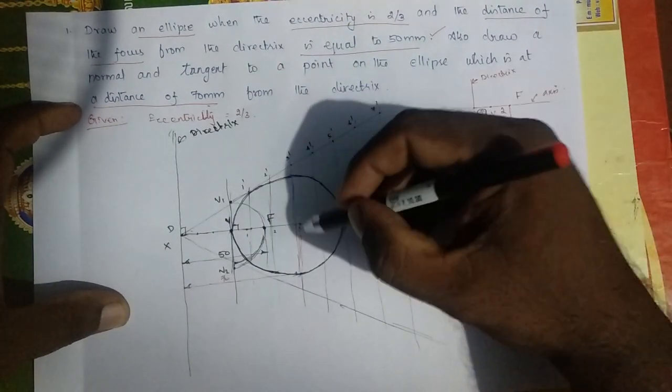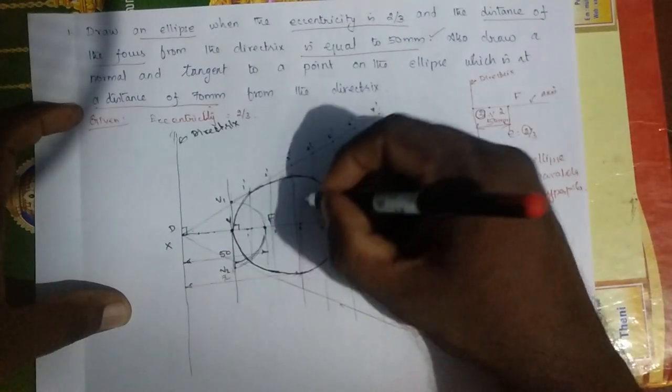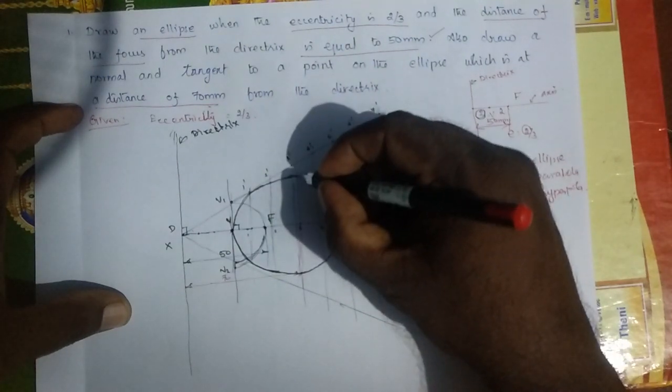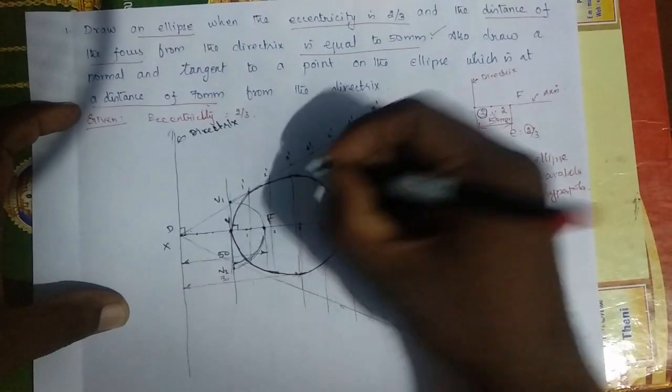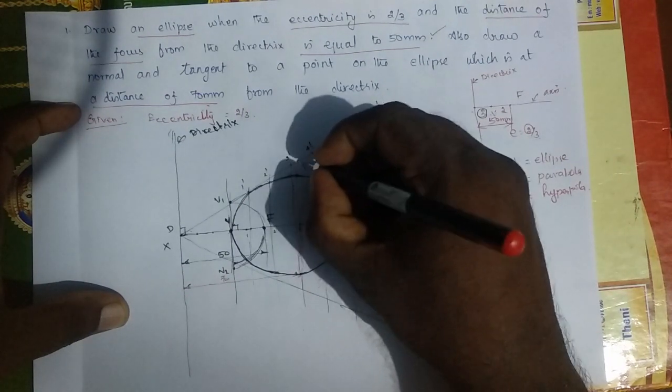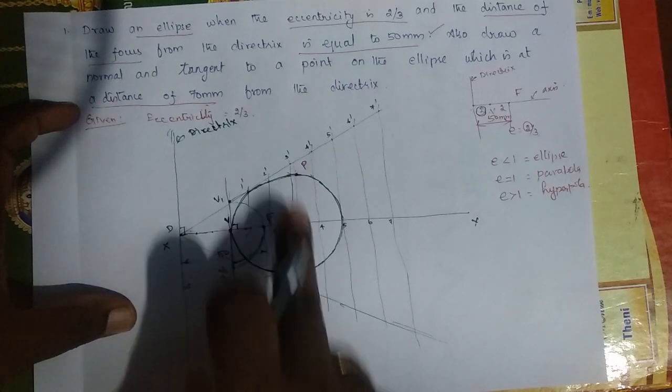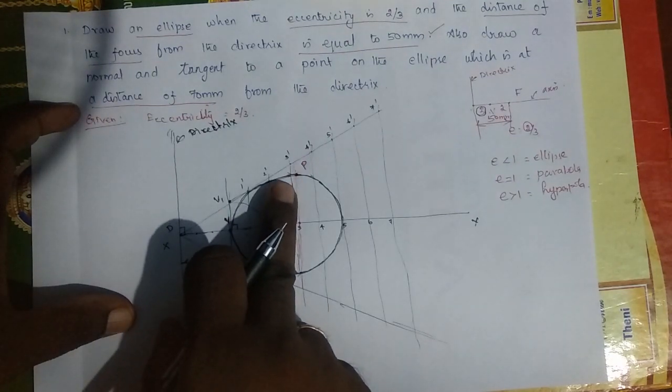So here I just draw a straight line which meets the point on the curve. That point I am taking, which is P. P is the point where I need to draw the tangent.